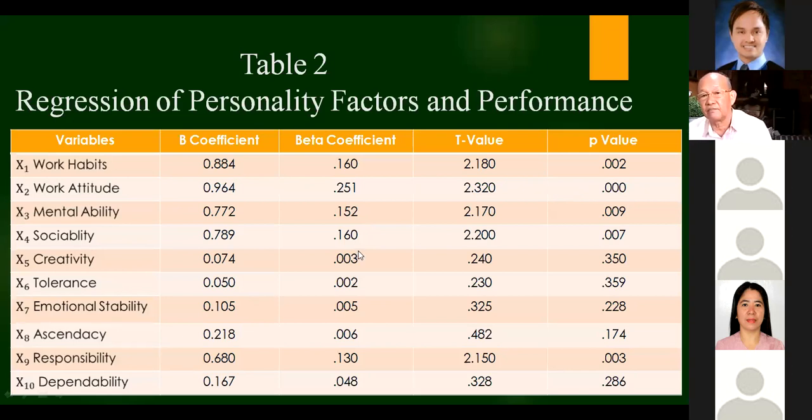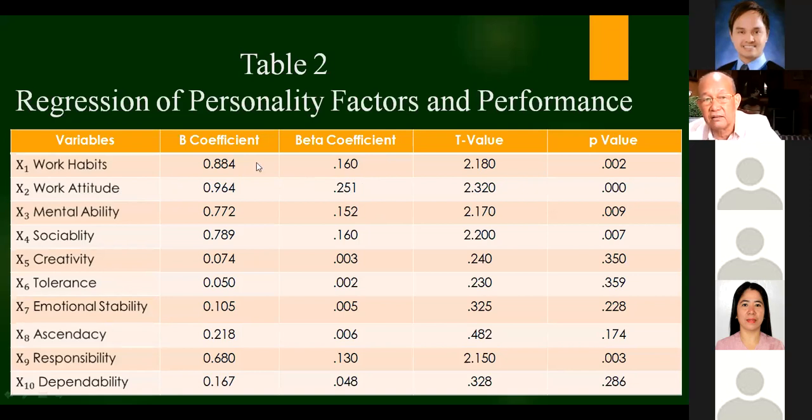Let us say now, the result of the regression analysis revealed that the highest beta coefficient of 0.25 reflects the contribution of work attitudes in analyzing the performance of the teachers. Work attitude is a personality factor that contributes about 25%, because this is standardized, so you multiply it by 100.